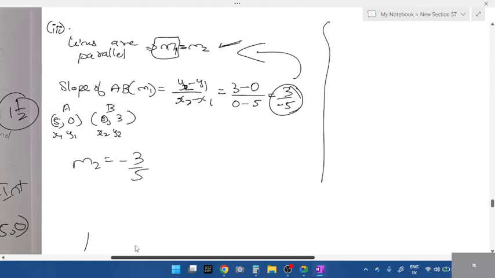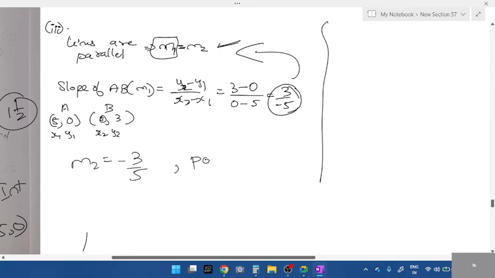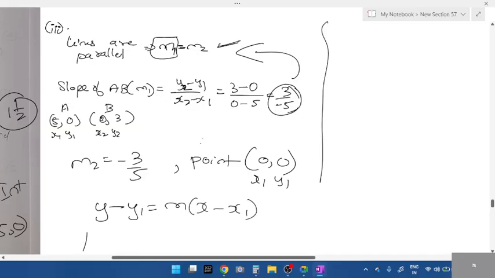And the point is 0, 0. 1 point and 1 slope, students. X1, Y1. So the formula is Y minus Y1 is equal to M into X minus X1. What's the answer? Y1 and X1 are 0. Even if you substitute, both are 0, right? You can just cancel it out or substitute.